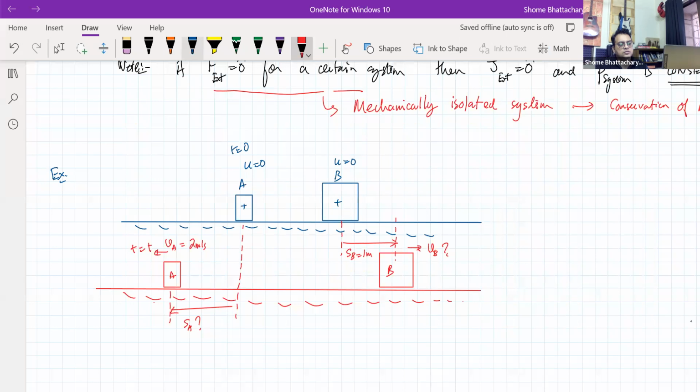So blocks A and B are of mass m and 2m and are positively charged.